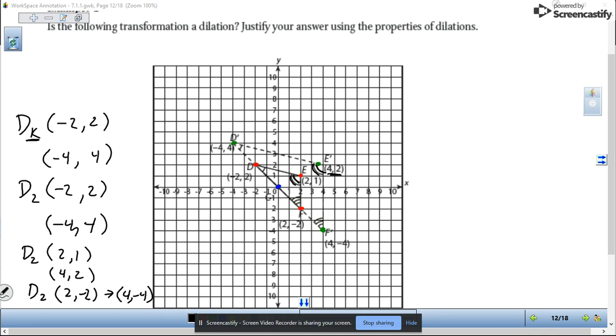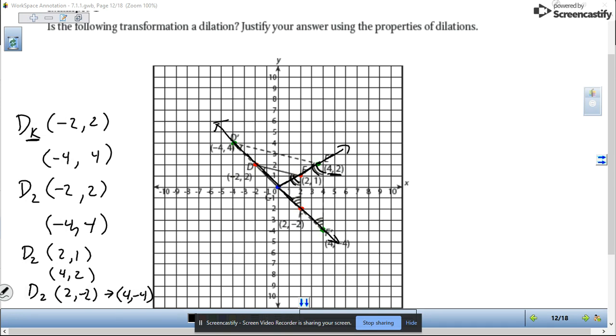The last thing I want to make sure is that each point should be collinear with its prime point. What I mean by that is this. If you draw a line through E from the center, it should also go through E prime. Same thing here. If I draw a line through F, it should go through F prime, and I should draw a line through D and D prime.